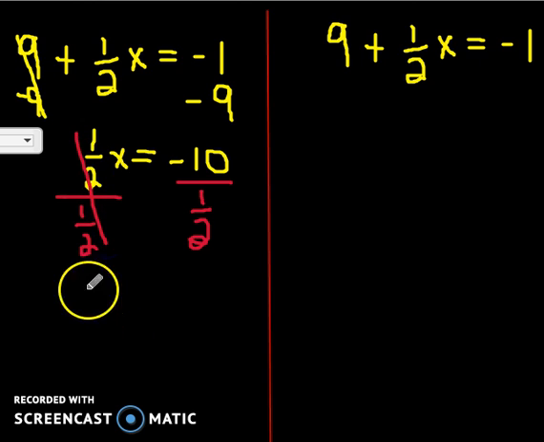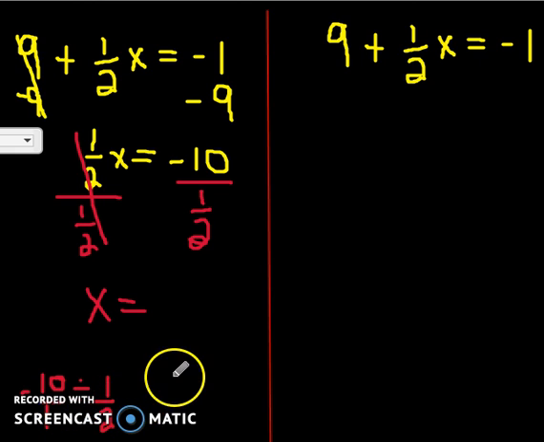These cancel out. I have x equals -10 divided by 1/2. So let's look what that looks like when we write it out this way. -10 divided by 1/2. We don't ever divide by a fraction. We always multiply by the reciprocal. So I'm going to flip that fraction upside down. I get -20.